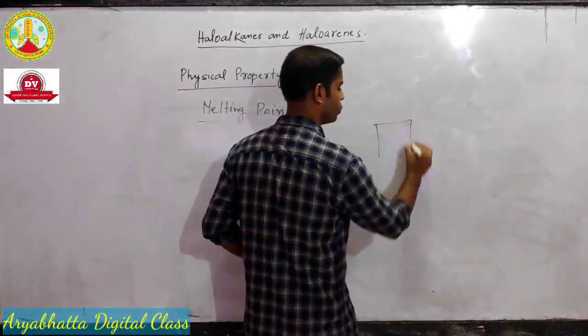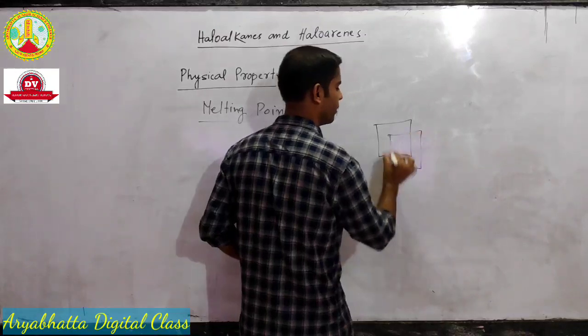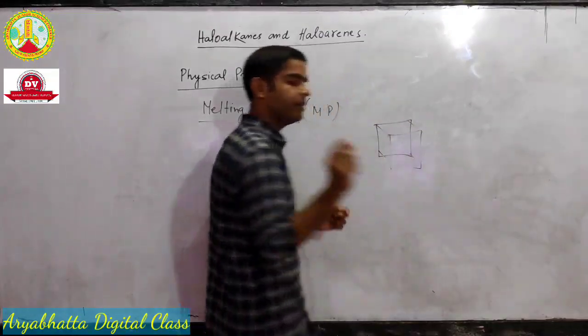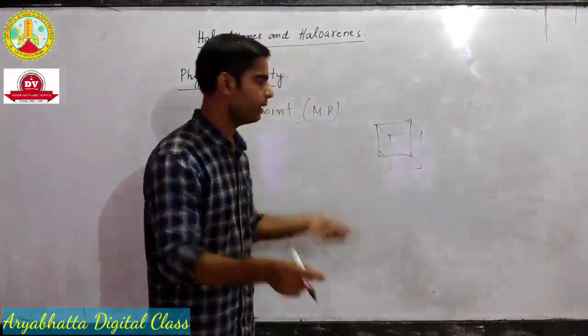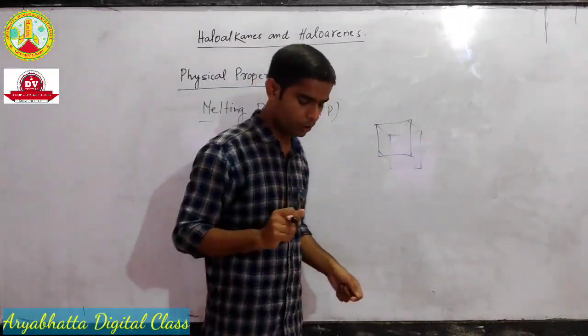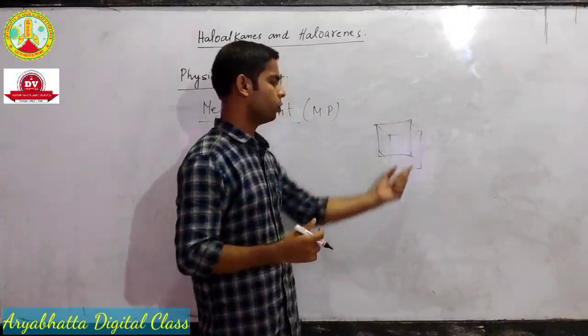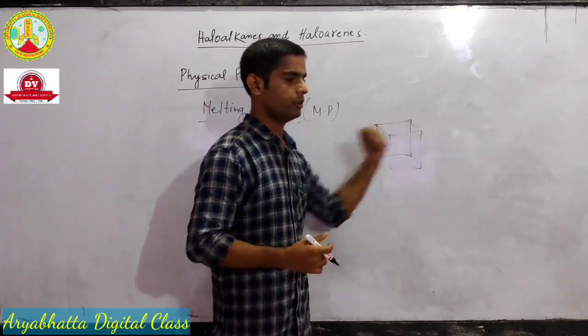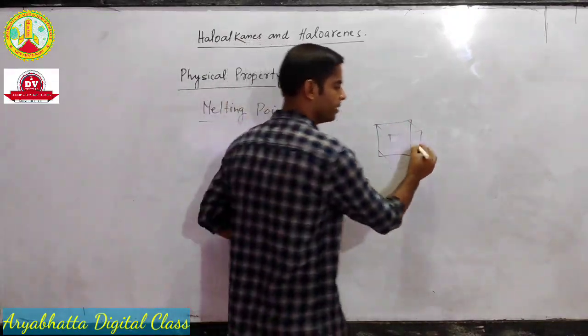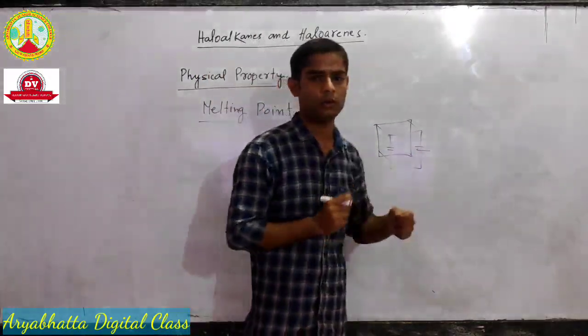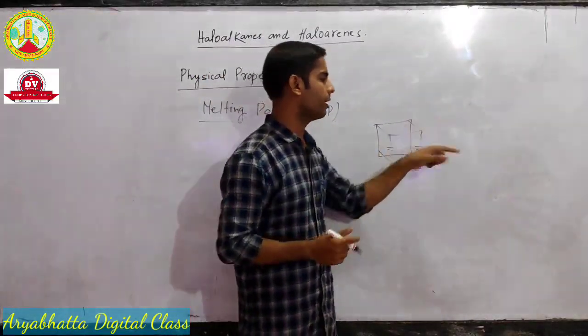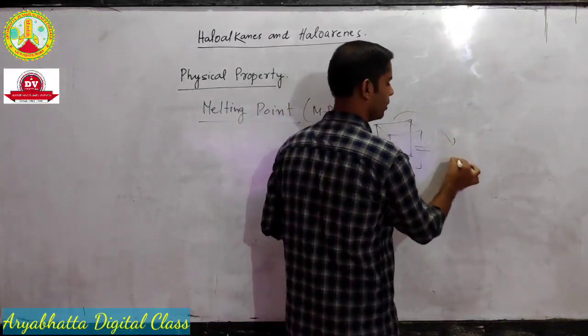Solids are arranged in small crystal lattices. Crystal lattice structure you will study in detail in solid state, chapter 1 of chemistry. So we need to break these crystals in order to take the molecules out, and only then can we convert something from solid to liquid.